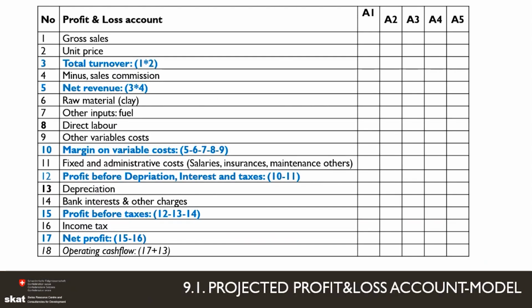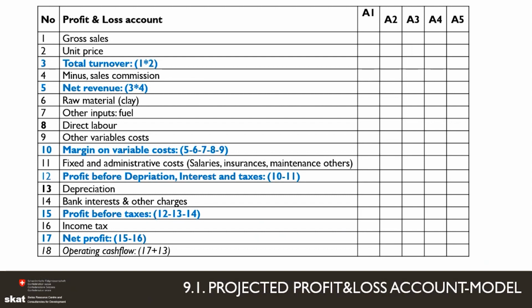Here, I just show you a case where you have the profit and loss account. It has some sections, especially on how you can know your total turnover, meaning the gross sales times the unit price. But you also need to calculate direct and indirect costs in order to determine profit before tax.